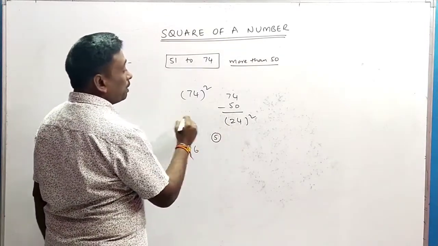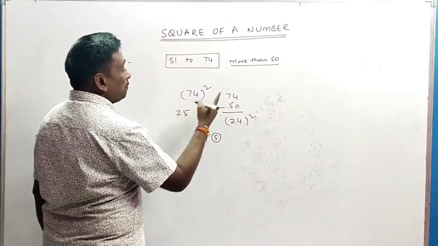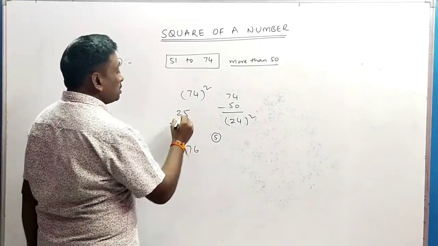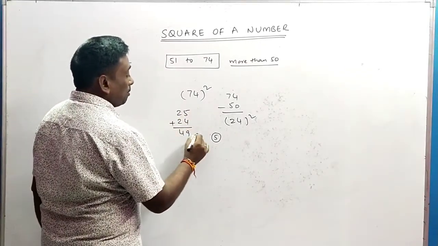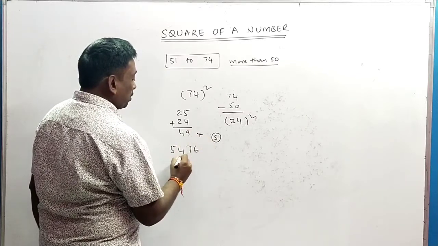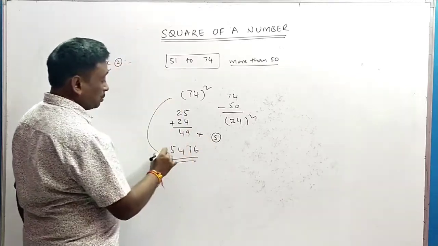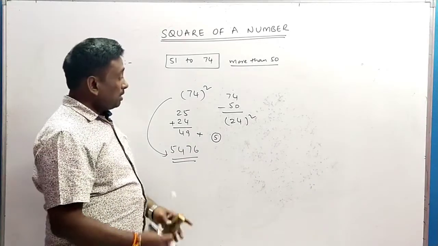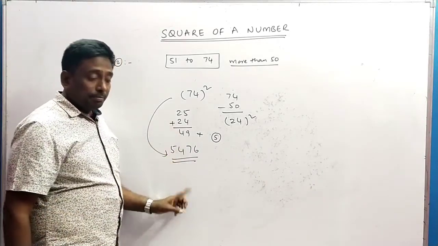This 24 is more than 50, that's why 24 is added to 25. This result gives you 49 plus 5, 54. 5476 is the square of 74. I think it is clear.